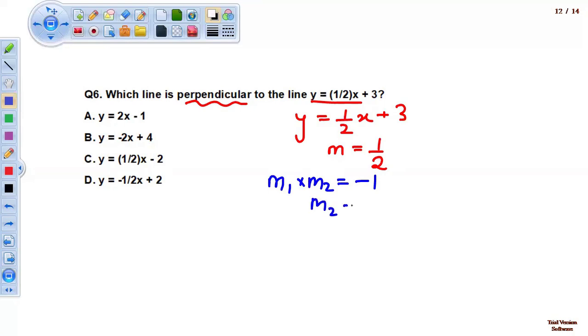So m2 is going to be minus 1 divided by 1 by 2. So the slope of the second line is basically negative 2. You can directly do this: negative reciprocal of 1 by 2 is minus 2. So now we know the slope is negative 2. Here we have only one option where the slope is coming as negative 2. This one. Here the coefficient of x is negative. So this is the answer.